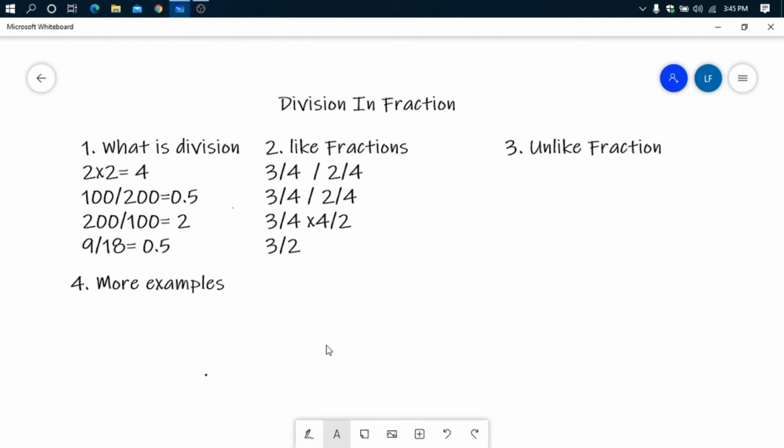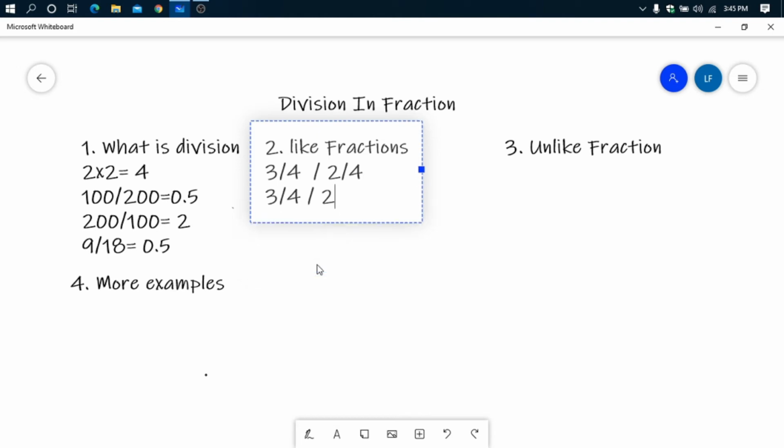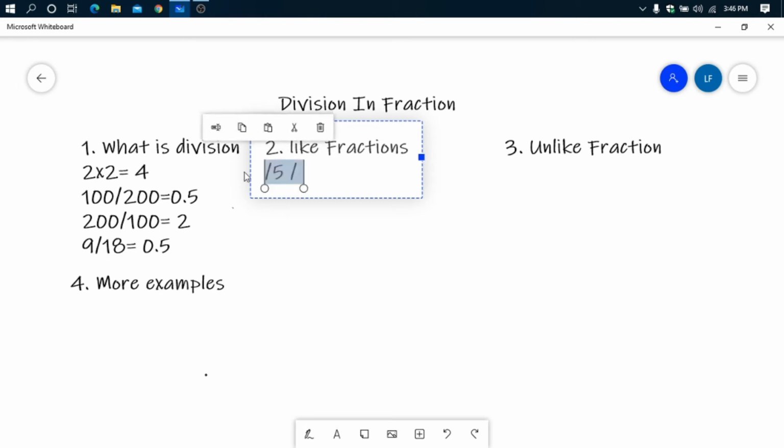Okay, so let's take another example. Let's take the number 4 by 5, which is divided by 3 by 5.